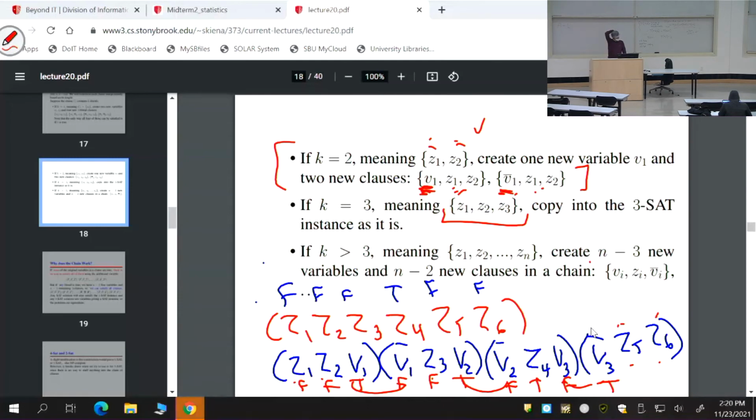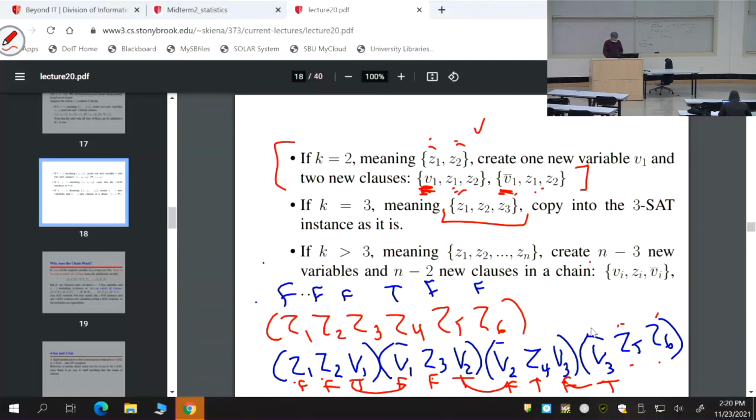Do you see what's kind of happened? This is kind of a cool thing. I have translated this big old clause into a set of little clauses. And the only way to get all of those clauses satisfied is if the original clause was satisfied. Does everybody kind of see that?